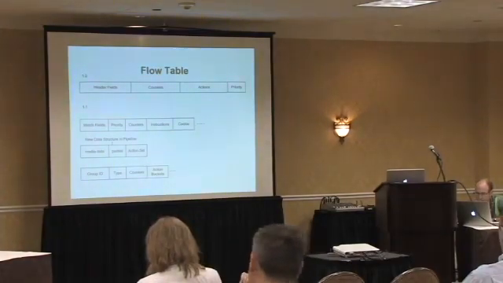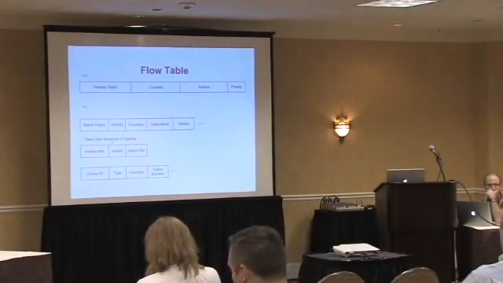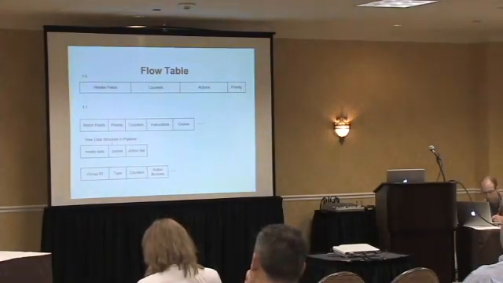And each meter band has a type. The types are drop or remark the diffserv code point. So above a threshold, and you can have multiple thresholds, you can say, above this, remark the DSCP to this value, or you could say drop it. 39 just gives the language that describes which meter band is chosen.